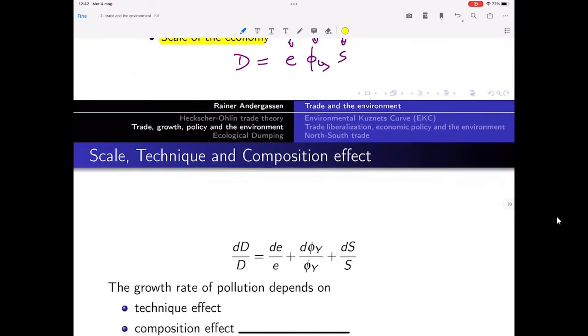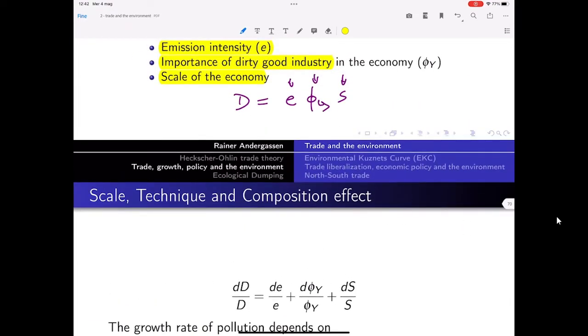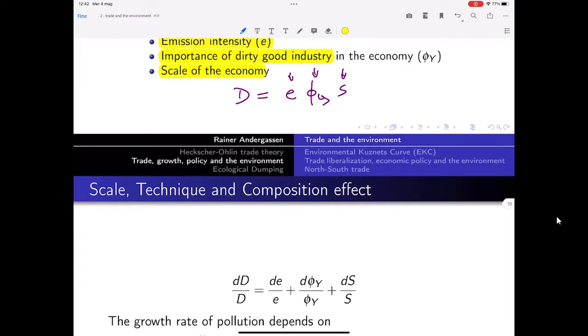I'm going to discuss this in a minute, why these 3 might be important and how they change. But before doing this, what you are really interested in is the growth rate of pollution.